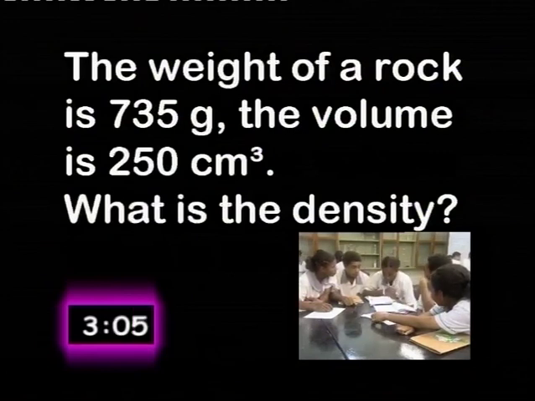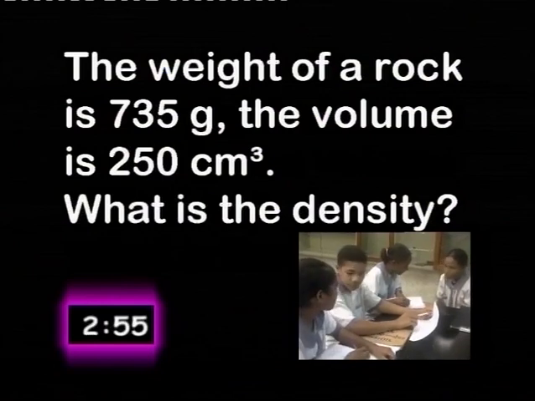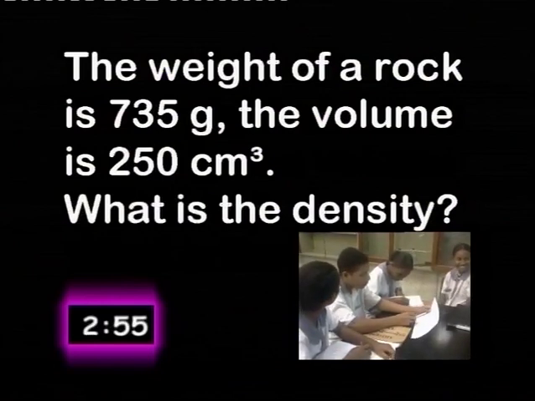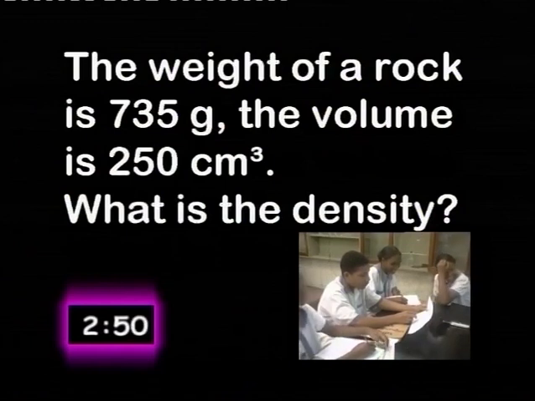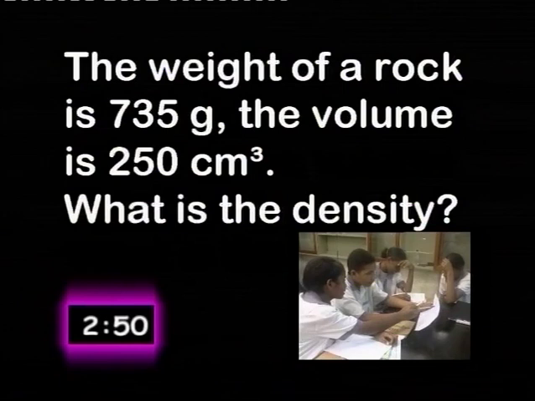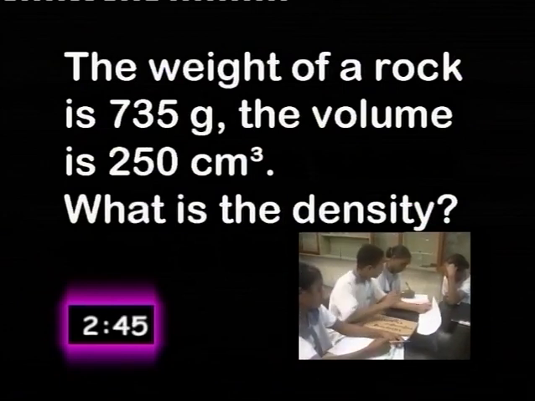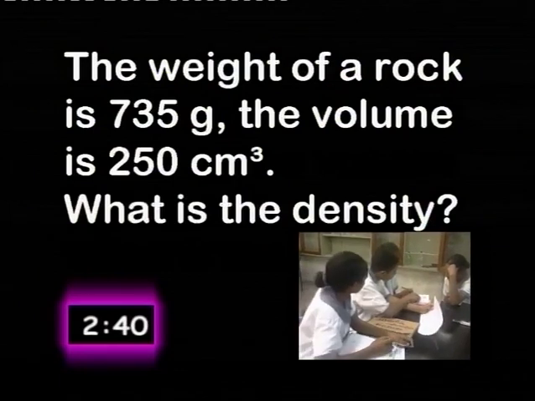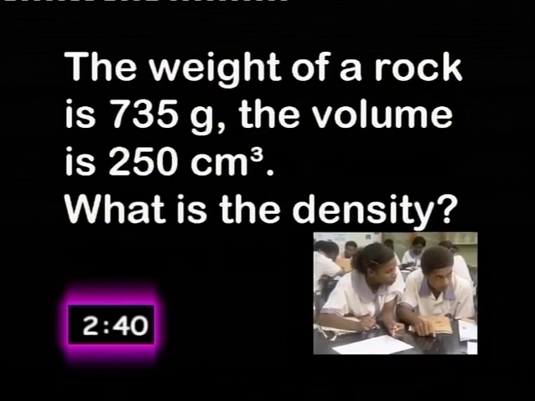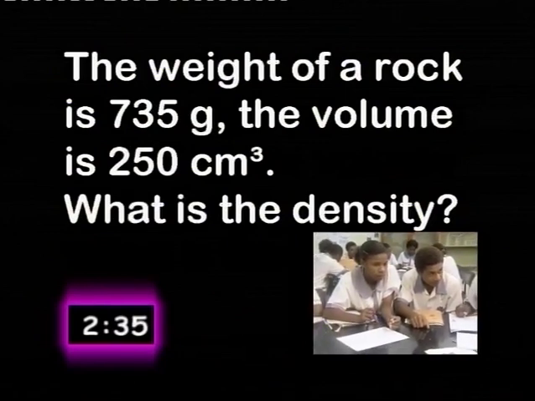What did I get? 250. Wait. 250. 2 5s are 10. 2 2s are 4. Plus 1 is 5. Who put 600? 5. Am I correct? Yes.